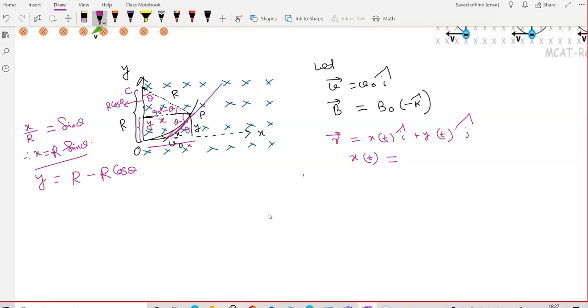So you can write x(t) is equal to r sine theta, but theta stands for omega into t, because angular velocity omega is there and the value of omega is known, Bq by m.